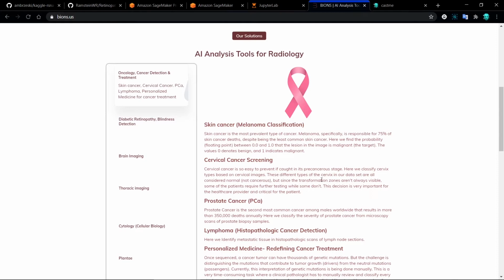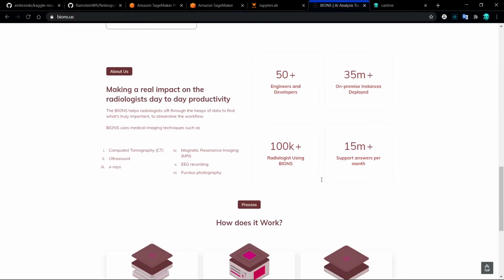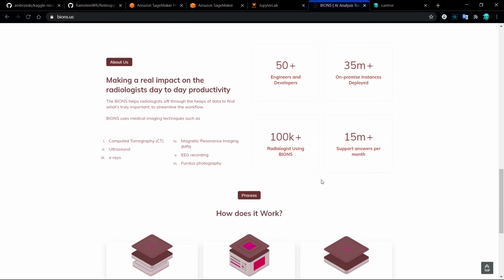So what exactly is the work of the radiologist? There are certain imaging techniques that radiologists face. Examples of radiology techniques are computed tomography, the CT scan as you say in normal words, magnetic resonance imaging, MRI, especially for the brain and chest region, EEG recordings for the brain regions, and ultrasound especially for the thoracic part and the lower part of the body.